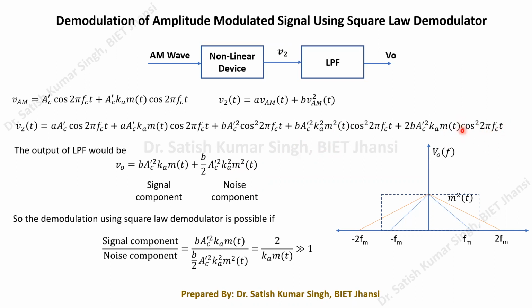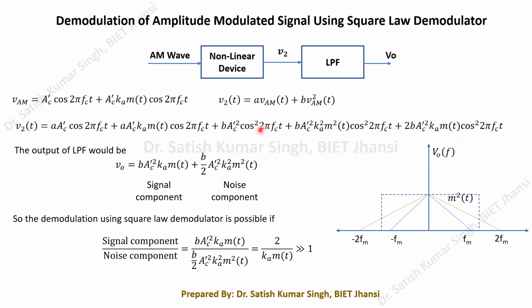Because of the factor 1 by 2, 2 and 2 will cancel out, so we get B A C dash square K A MT. So basically these two terms give you the message part and the M square T part.